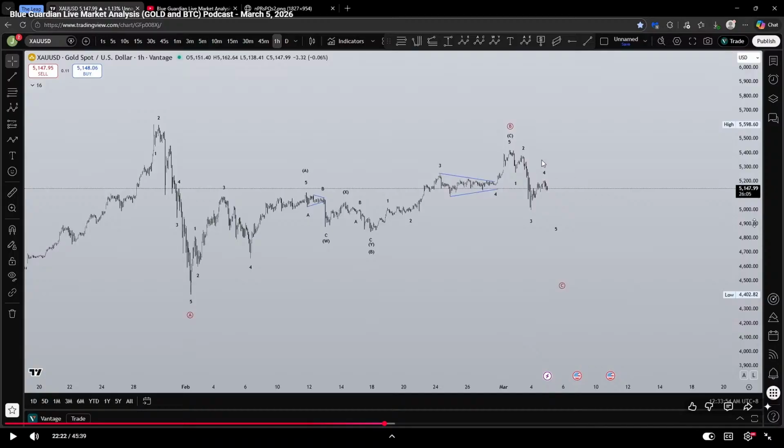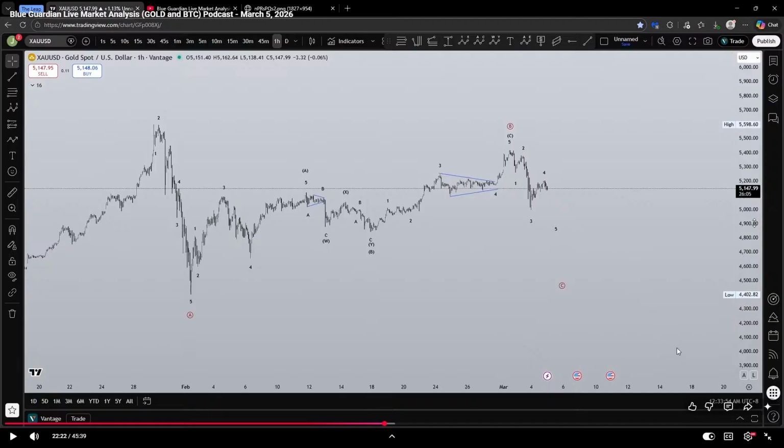Please take note that in my previous analysis, I have labeled this as wave 1, 2, 3, 4, and 5. Now, I will be doing some minor changes in the internal wave countings of this wave B to C, simply because I have reviewed my notes and some rules were violated, especially in the internal waves of wave 2 to 3 here.